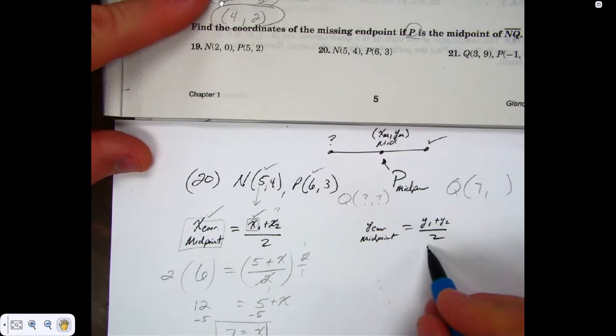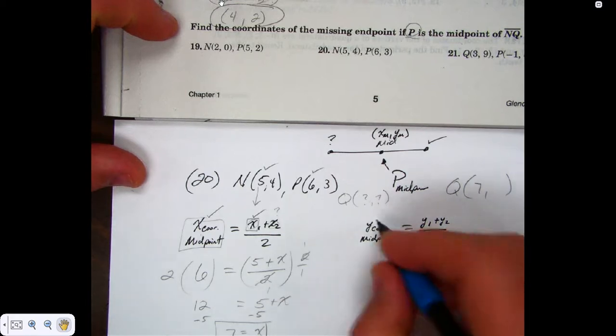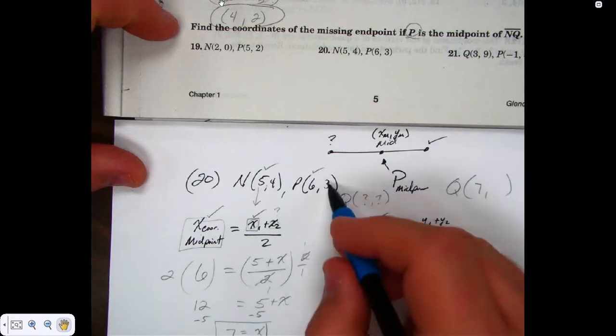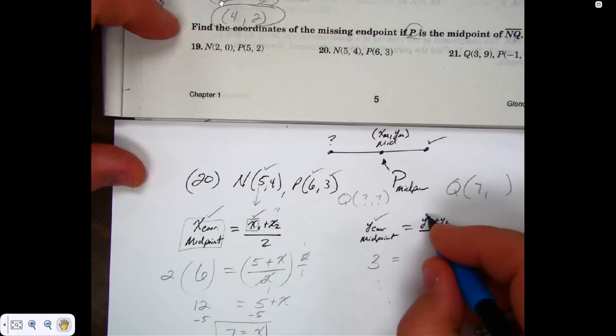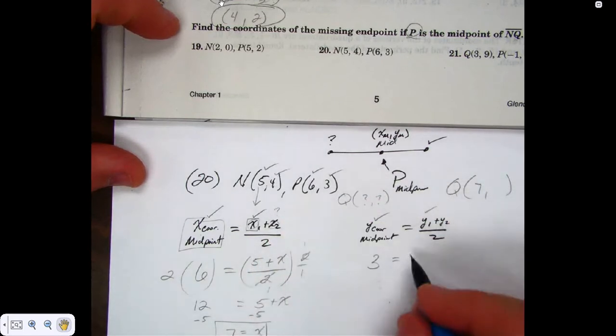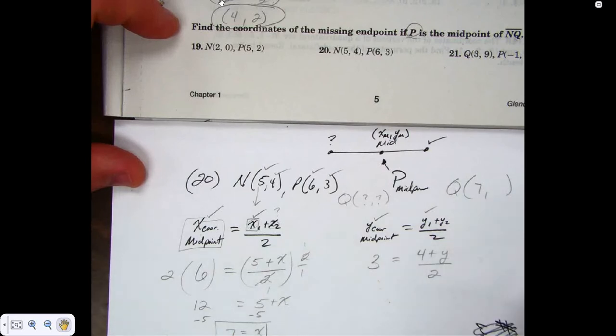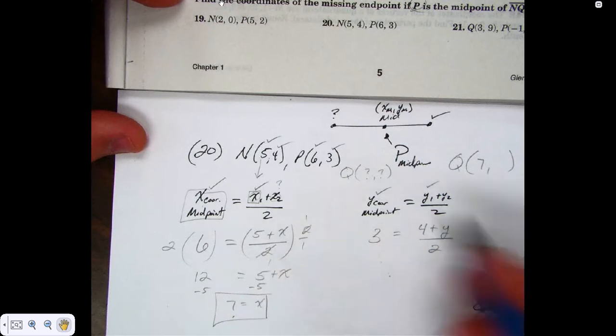Now, how am I going to find y? Like I said, don't write. Pay attention. It's the same thing. They gave me a number for the y-coordinate of the midpoint, didn't they? 3, right? They gave me one of my endpoints. Right here, what is it? Plus the other y I don't know, divided by what? What's the first thing I did over here in the same type of equation?